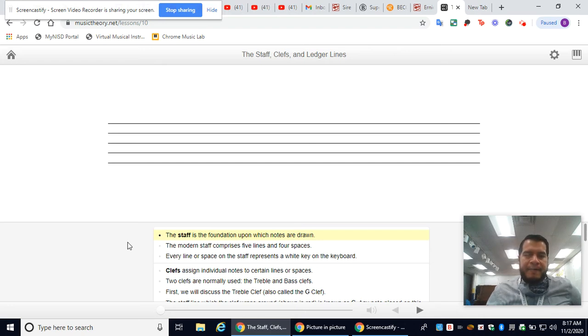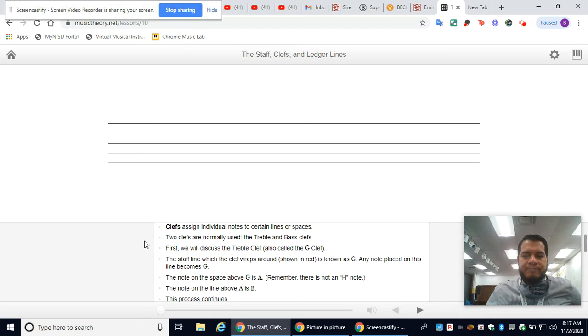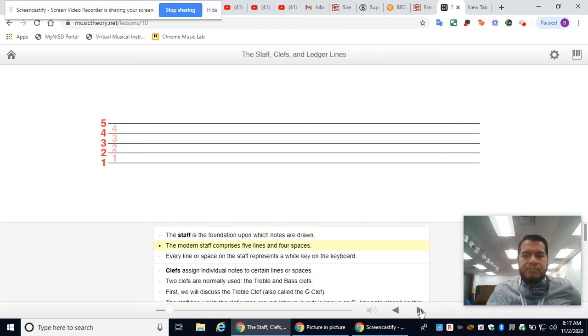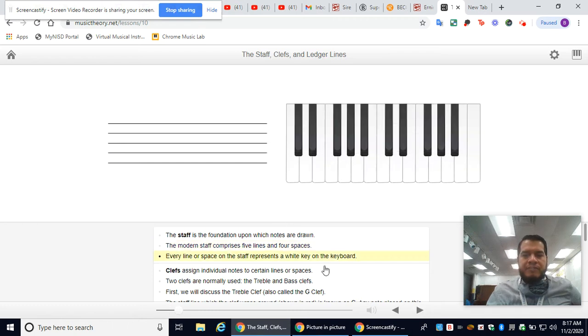Okay. All right. Then I'm gonna scroll down. Okay. So that's what we just did. And I just clicked this arrow and it showed me my 5 lines and my 4 spaces. What I just explained to you. Okay. So it's telling us every line or space on the staff represents a white key on the keyboard. So as you're going up the staff in the line or space, these are the keys that you'd be touching.